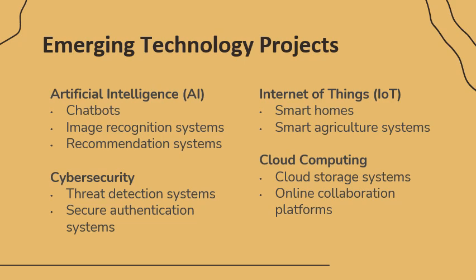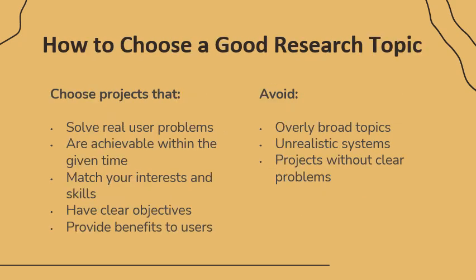They have chatbots, image recognition systems, recommendation systems. For cybersecurity, they have threat detection systems, security authentication systems. For Internet of Things, smart homes, smart agriculture systems, smart cities, smart dustbin, right. For cloud computing, cloud storage systems, online collaboration platforms, and etc.